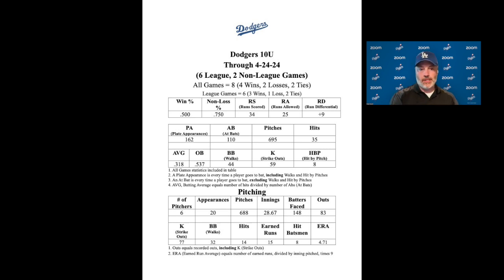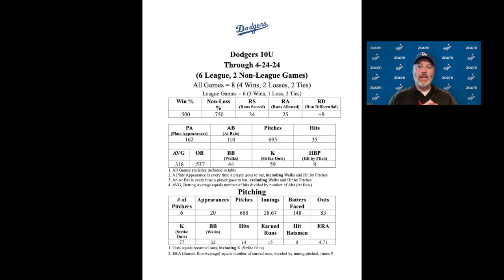Our pitching statistics over the first 8 games: we've used a total of 6 different pitchers. Next to that, you'll see something that says appearances, and this is something I added. We have 20 appearances. Basically, that's the number of times a different pitcher has shown up over all games. So, for example, if we start a pitcher, that's 1 appearance.